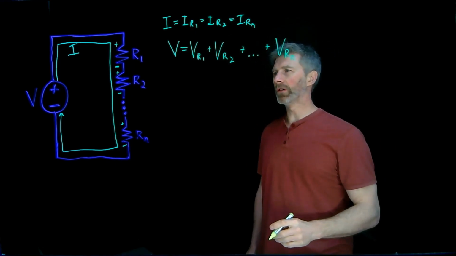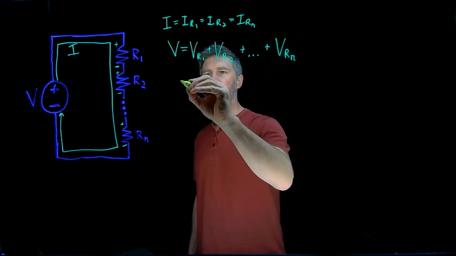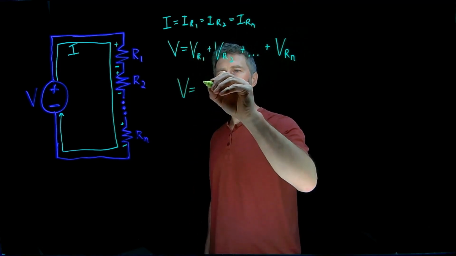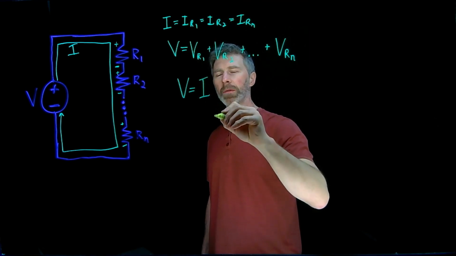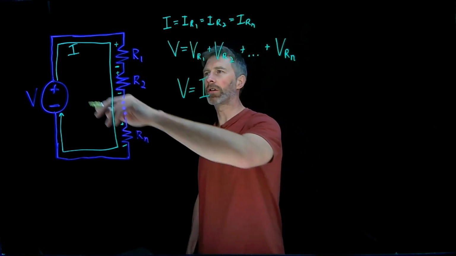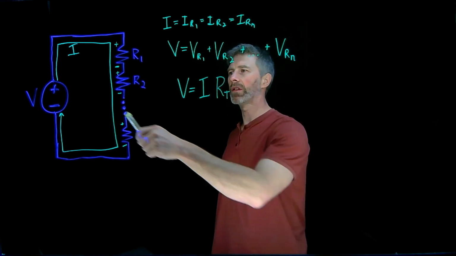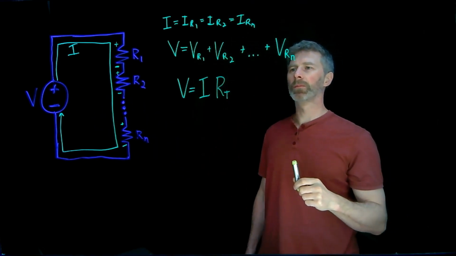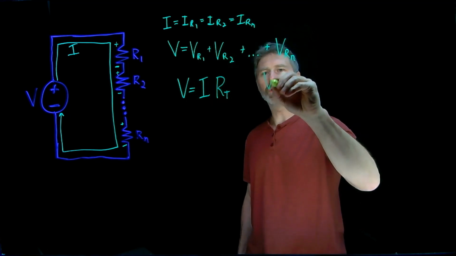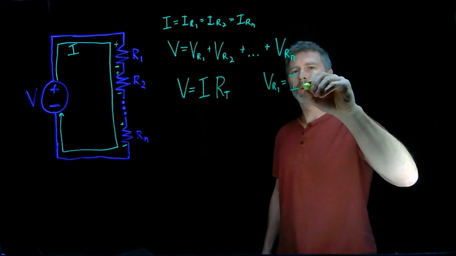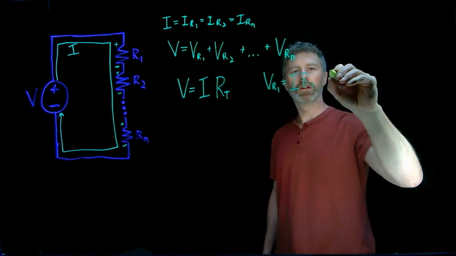What else do we know? Well, from Ohm's law, we know that V equals IR, and in this case, the voltage from the source is going to be equal to the current that's going through the circuit times whatever total resistance that voltage source sees. But we also know that VR1 is equal to that same current times resistor R1.